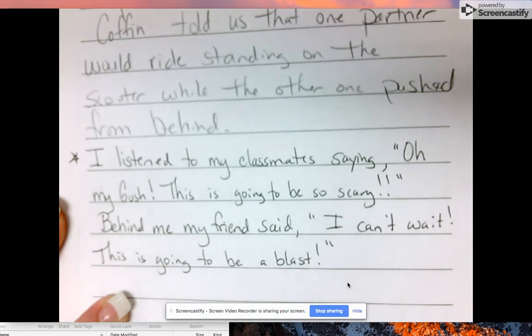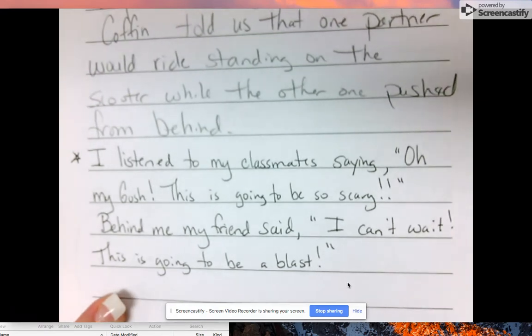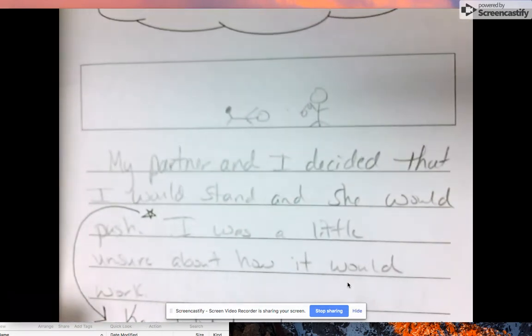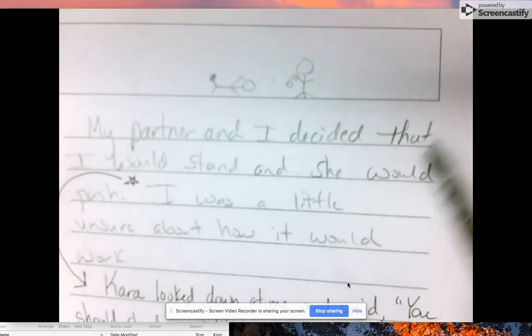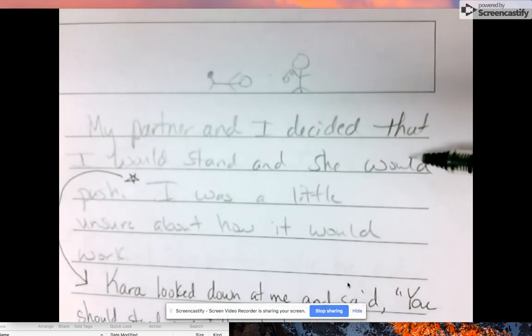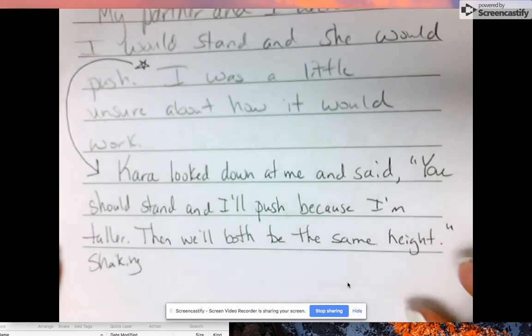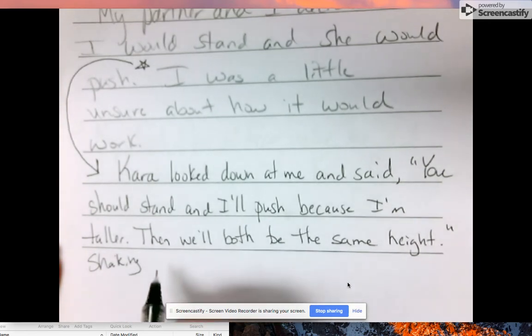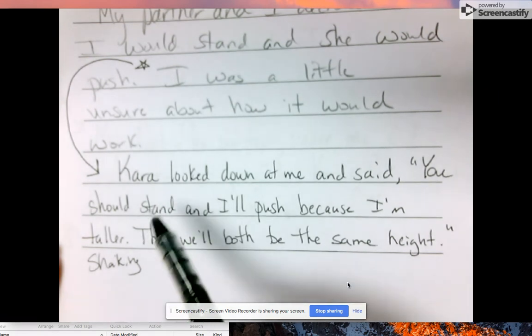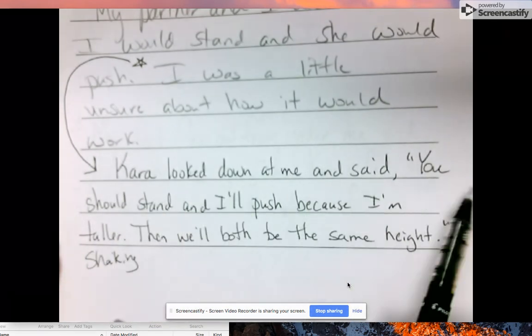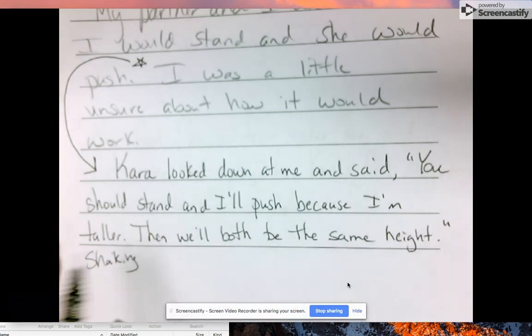So it reminded me that there were some people who were really looking forward to this race and some who were a little scared. On the next page, where it said my partner and I decided that I would stand and she would push, I recalled the conversation that we had in order to decide this. And this was actually a question that someone asked me when I shared this with the class. They said, what exactly happened when you had that conversation? So this is what happened. Kara looked down at me and said, you should stand and I'll push because I'm taller.